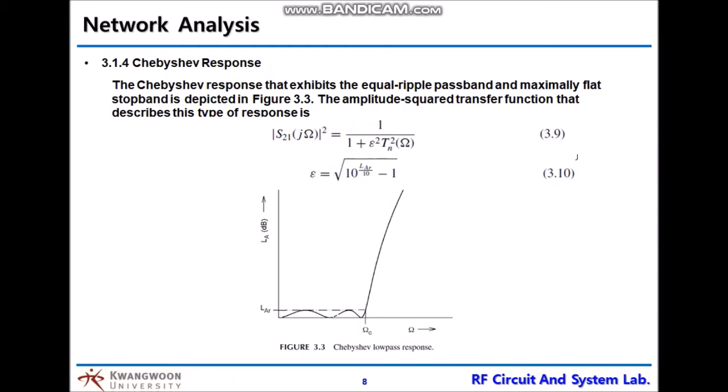The sharp response that exhibits an equal-ripple passband and maximally flat stopband is depicted in figure 3.3. The amplitude-scale transfer function that describes this type of response is equation 3.9, where the ripple constant epsilon is related to a given passband ripple insertion loss in dB by equation 3.10.